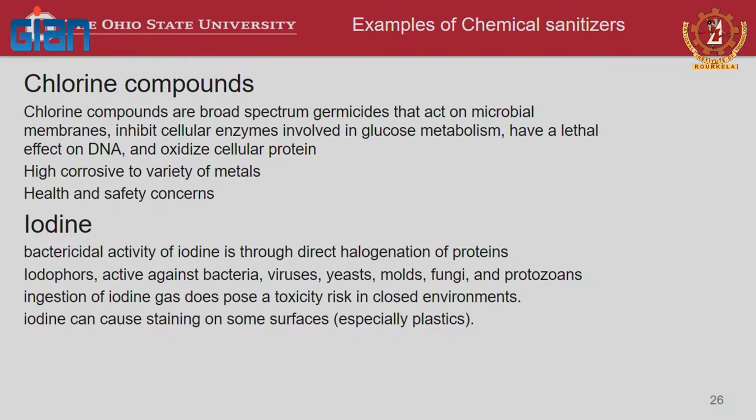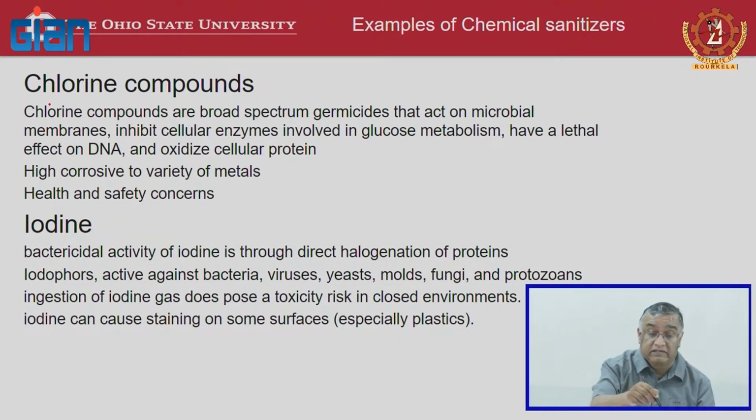What are the examples of chemical sanitizers? Like chlorine, iodine, and I think each has certain benefits, but at the same time certain risks. For example, while chlorine compounds are very good germicides and can quite effectively inactivate microorganisms, they are very corrosive to metals.